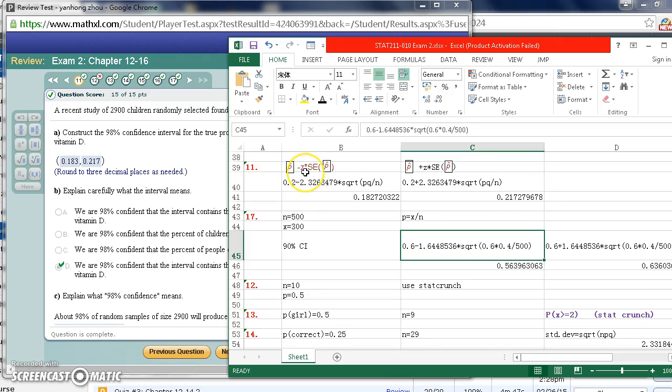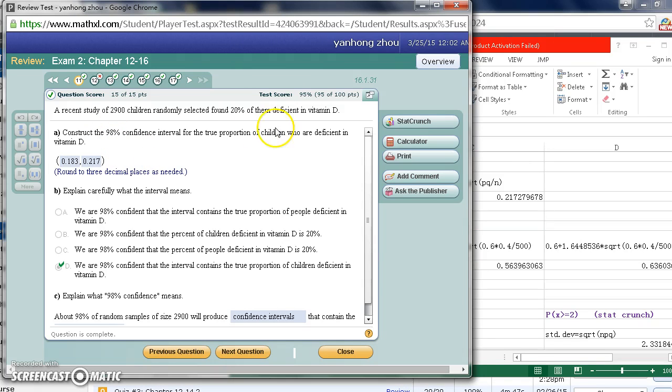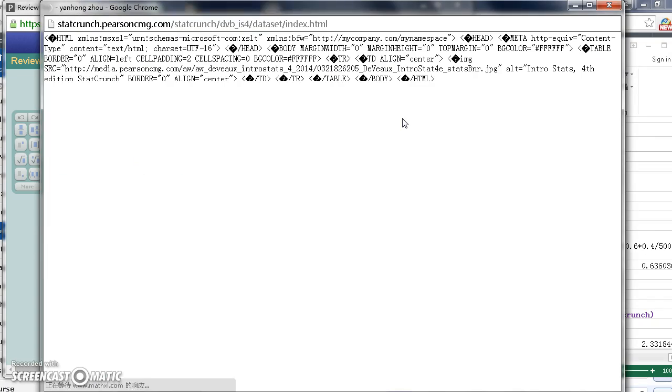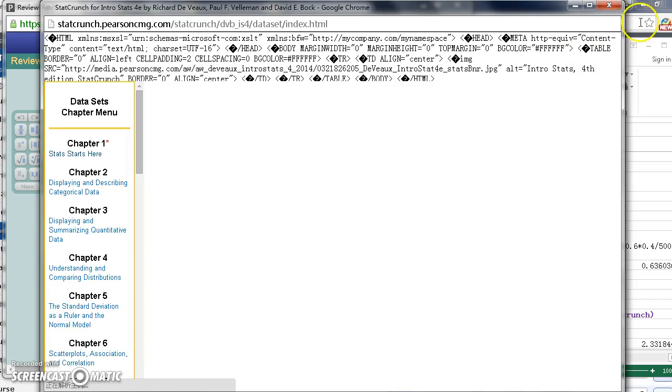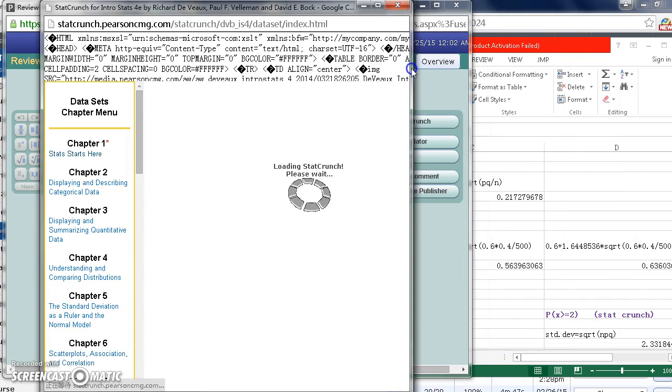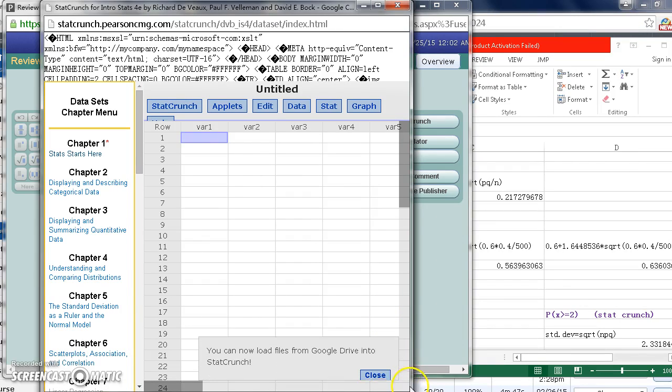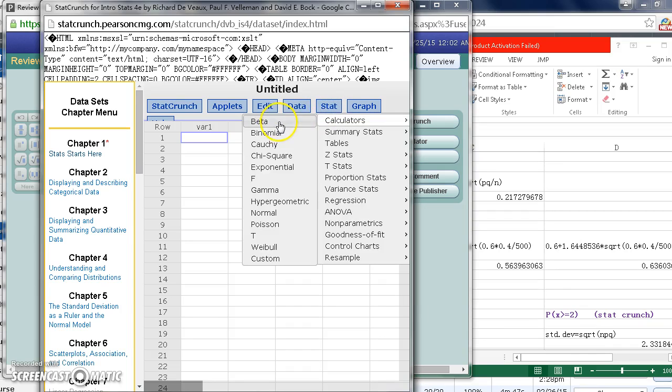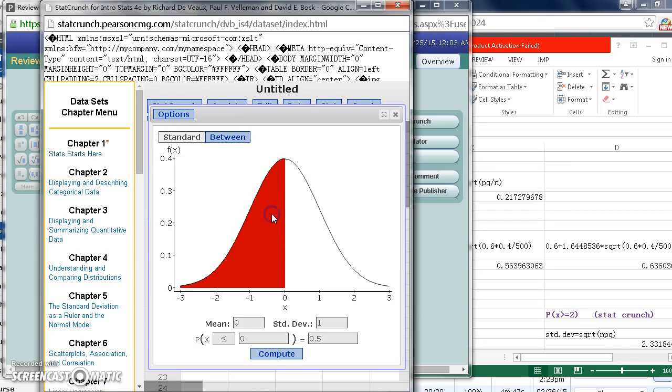What is the z? Because it's 98%, we can use StatCrunch to find out what the z is. Go to Stats, go to Normal, keep the mean 0, standard deviation 1. I'll choose the greater sign.